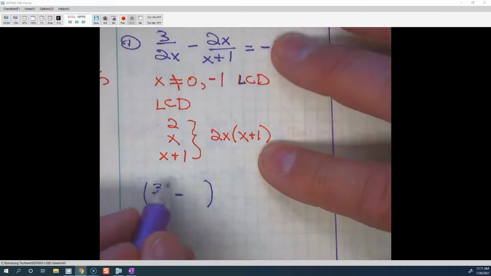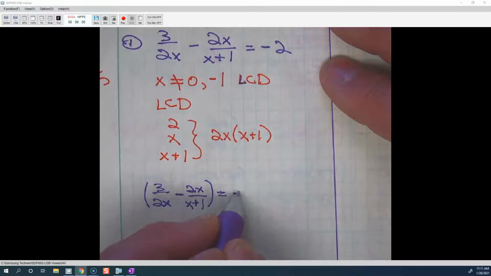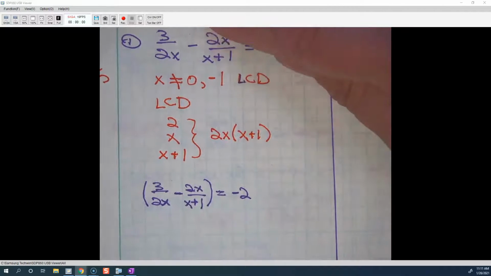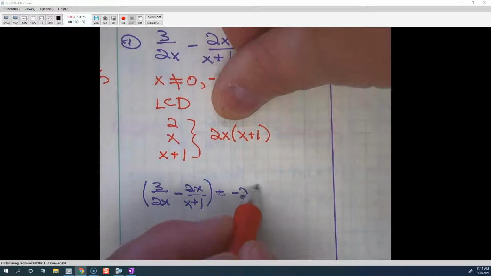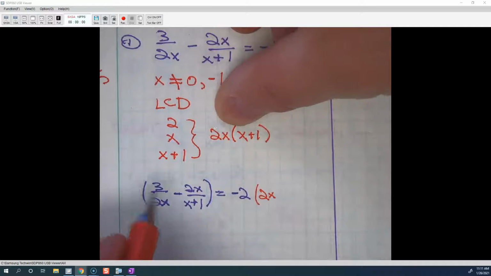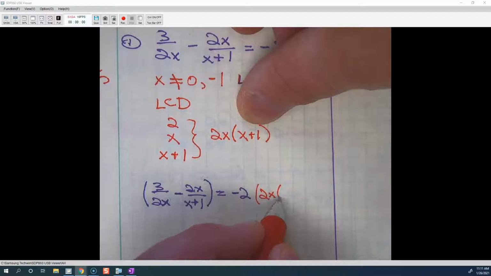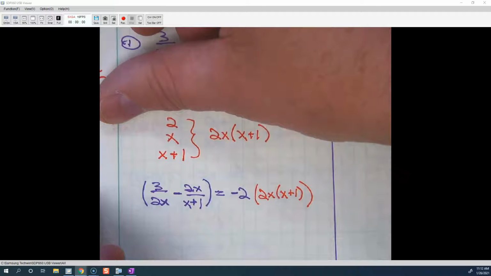There's the left side, and the right side. I'm going to multiply both of those by the least common denominator. The effect of doing that is it gets rid of your fractions.